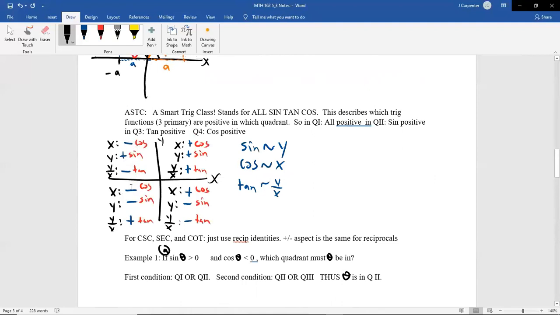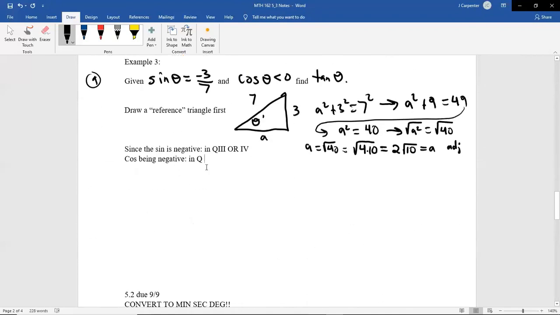And again, I'm doing the rationalization based on the x and y coordinates of going left, right, up, or down, but a smart trig class finds all of that out for you as well. Pick your poison. So cosine being negative says we have to be in quadrant 2 or 3. What's the overlap? Quadrant 3 or 4, quadrant 2 or 3. Thus, the angle is in quadrant 3.